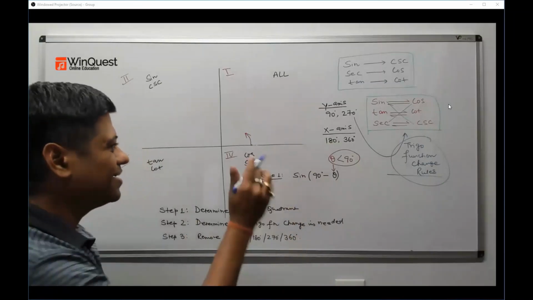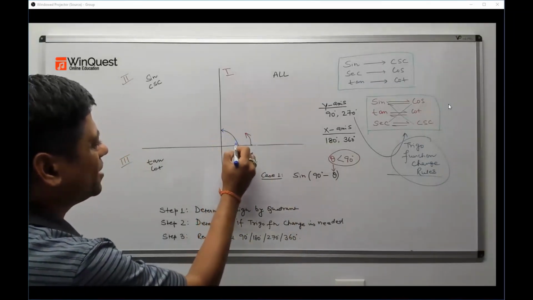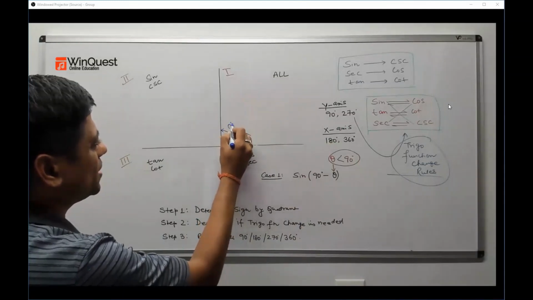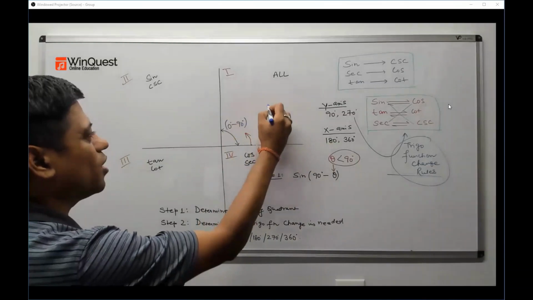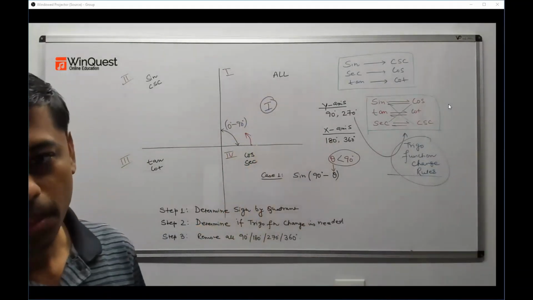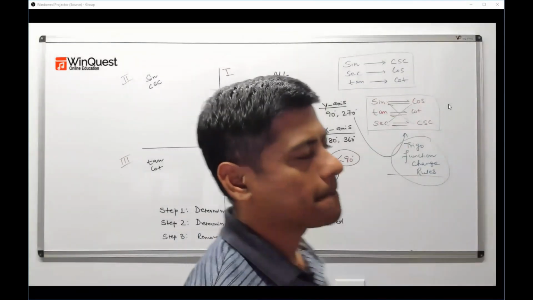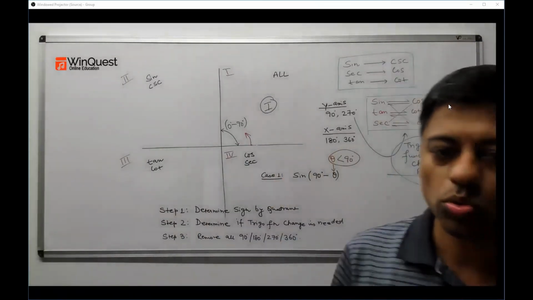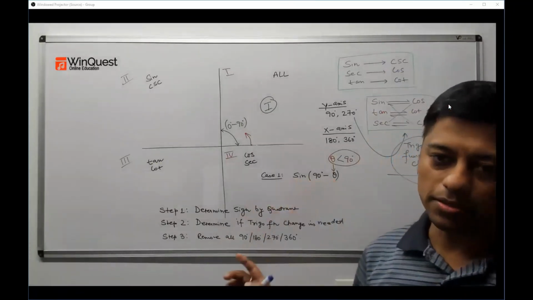But since this quadrant covers 0 degrees to 90 degrees, ultimately it's going to fall back in the first quadrant, or no? Yes. Yes or no? Yes.